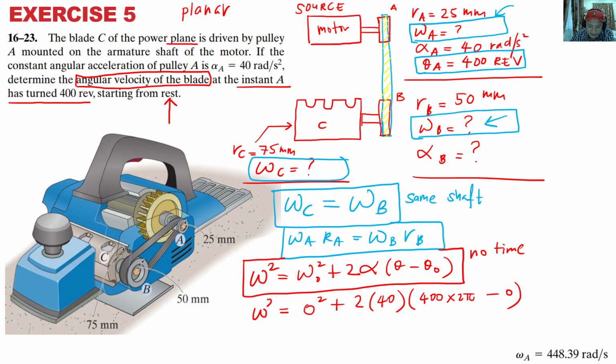So this one is omega squared, so don't forget to square root. Whatever you get here, square root. 400 times 2 times 40. 2 times 40 times 400 times 2. 6400 pi. 6400 pi square root.